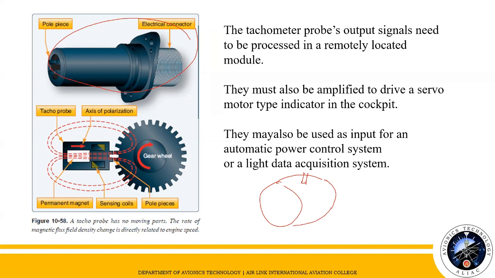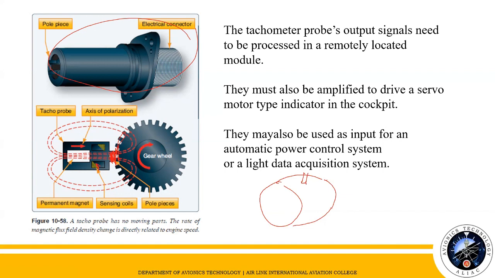So a rotating gear wheel which moves at the same speed as the engine compression shaft alters the magnetic flux density as it moves past the pole pieces at close proximity. Kaya kung nakikita nyo dito, yan, meron siyang permanent magnet which is pag nagro-rotate si gear, nade-detect niya yung pag-ikot ng gear.